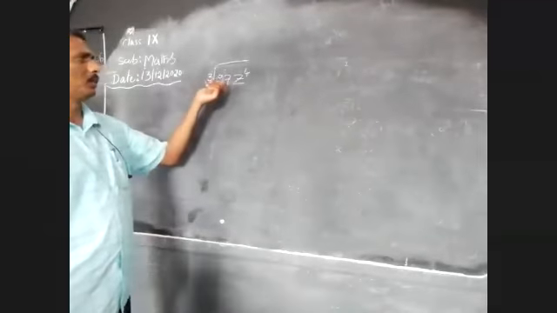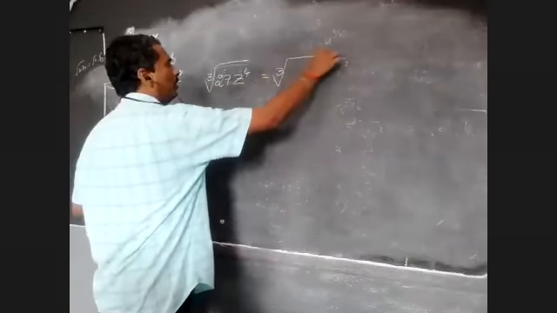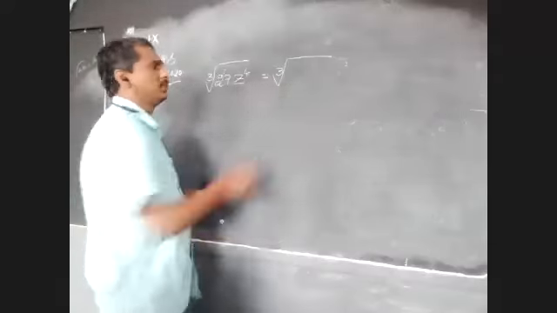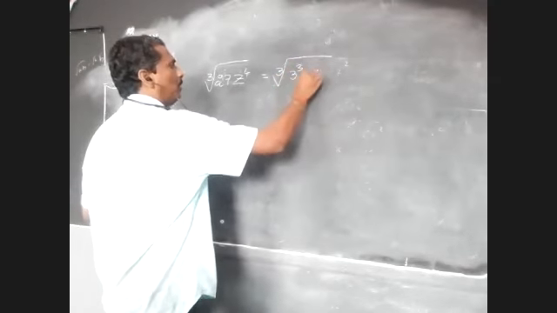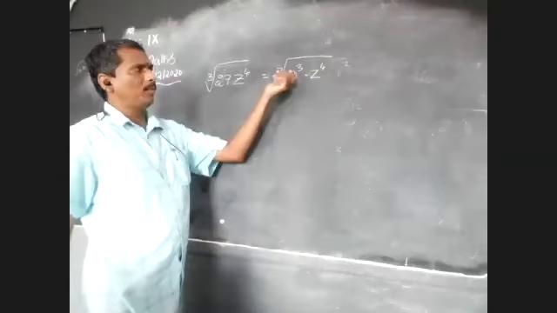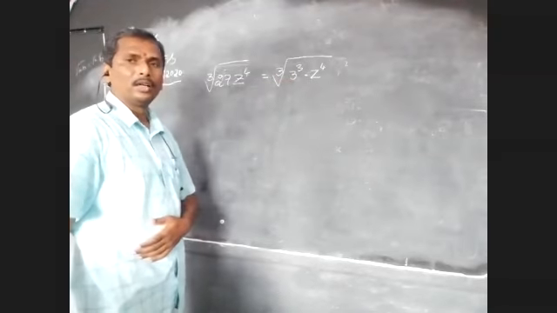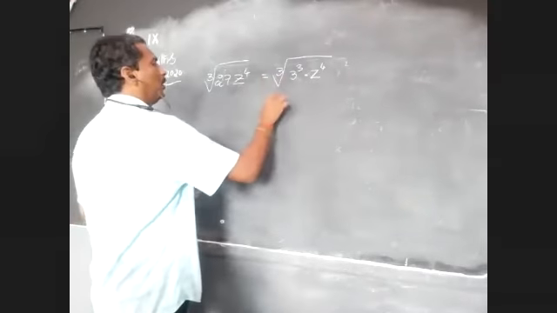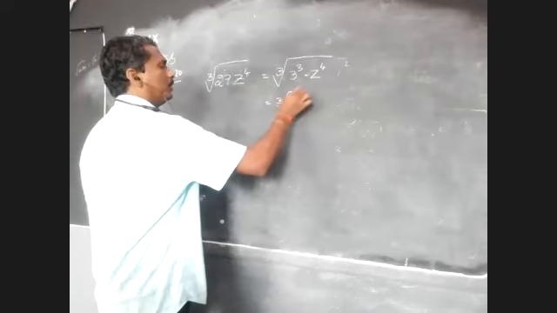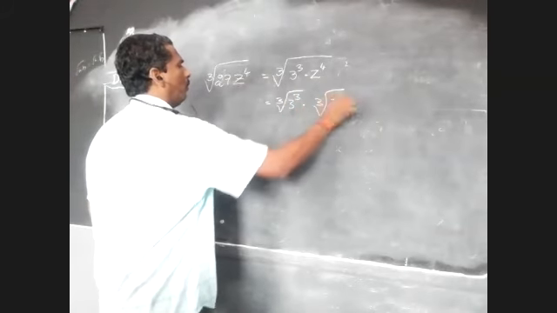Cube root of 27 can be written as 3 cube, and z power of 4. Again, it is in the formula of square root of AB, which can be written as root of A into root of B. Same here: cube root of 3 cube into cube root of z to the power of 4.